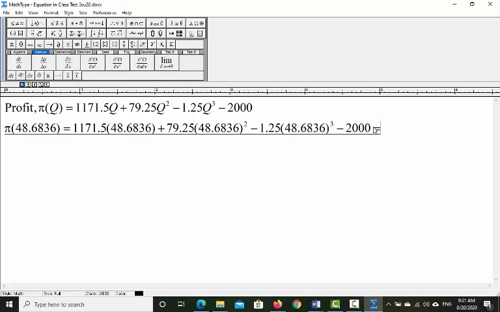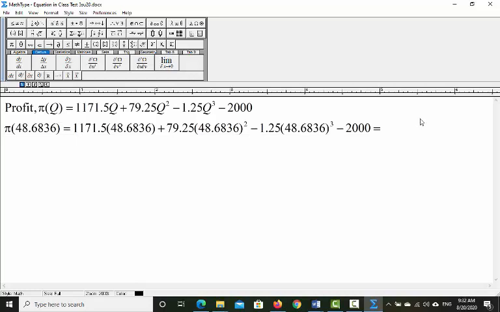So 1171.5 multiplied by 48.6836 plus 79.25 multiplied by 48.6836 square, and then minus 1.25 multiplied by 48.6836 cube, minus 2000.